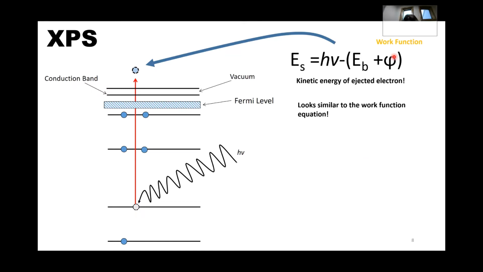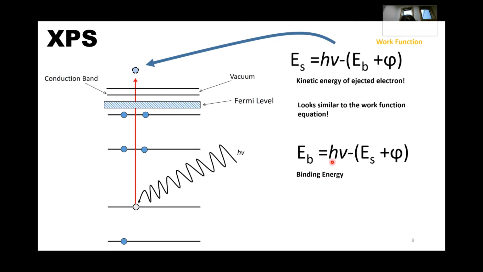So work function is a material parameter, so it's like global. Okay, so the work function doesn't care if the electron came from here, here, or here, but binding energy does. And binding energy is the secret to XPS that tells us which orbital it came from. So the key here is the binding energy. And if you rearrange the equation now, you actually can solve for the electron binding energy.